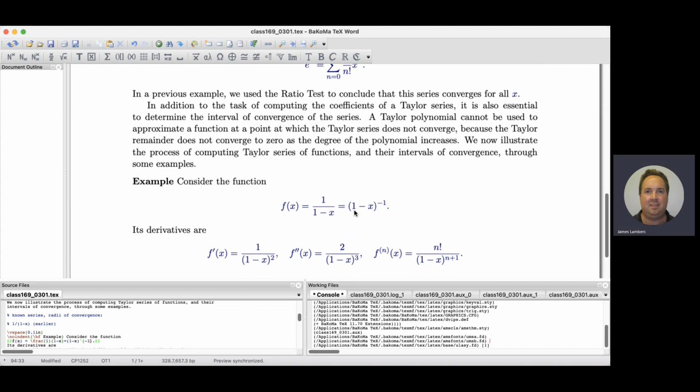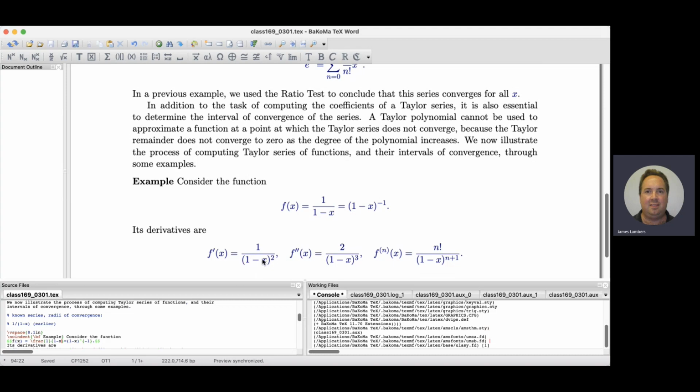If I use the power rule on this, I'll get minus 1 times 1 minus x to the minus 2. But then by the chain rule, you have to include a minus because of the minus x, which cancels the minus that comes from bringing this exponent down. So you end up with plus 1 over 1 minus x quantity squared.